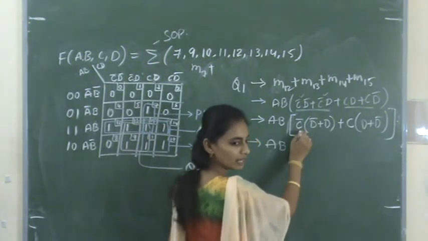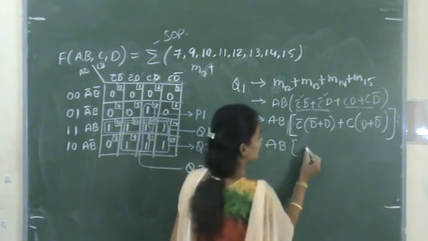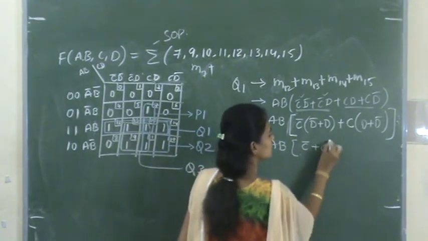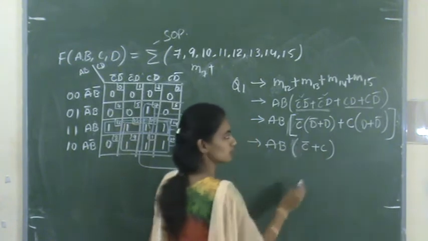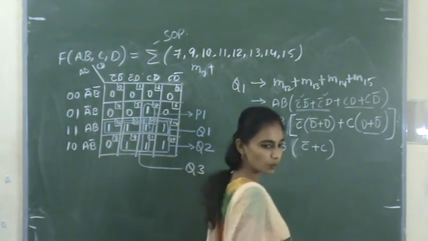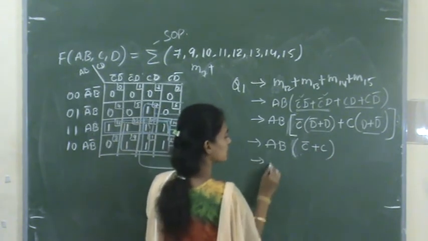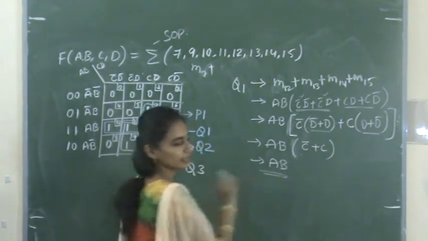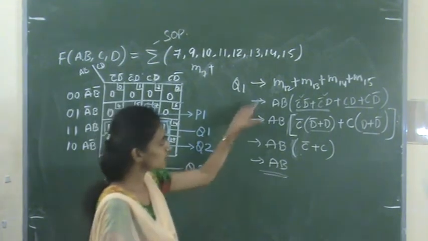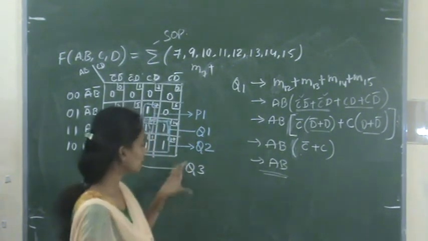So 1 into any variable gives the same variable, so C bar plus C, and C bar plus C is also 1. So the final answer we get is AB. Like this we have to simplify all the quads.